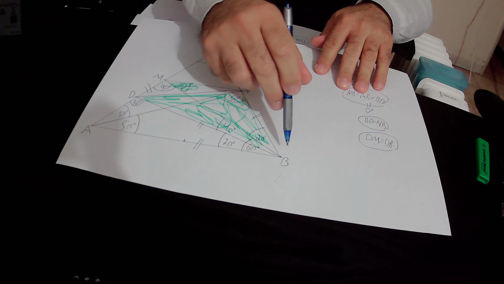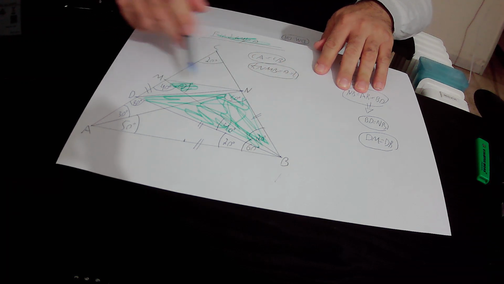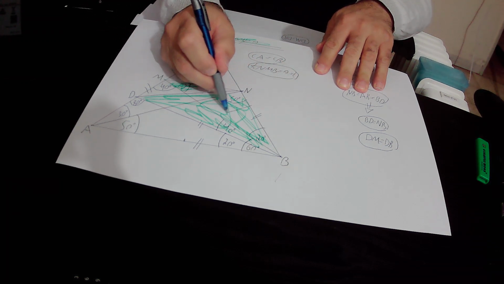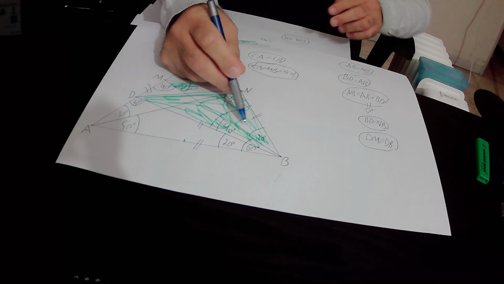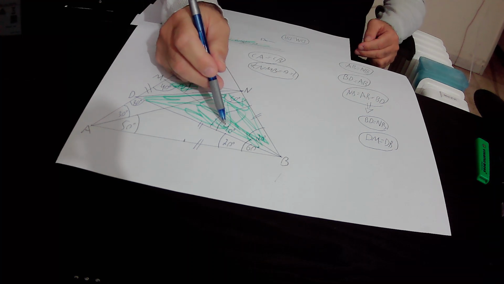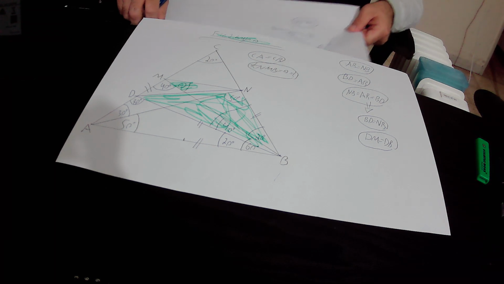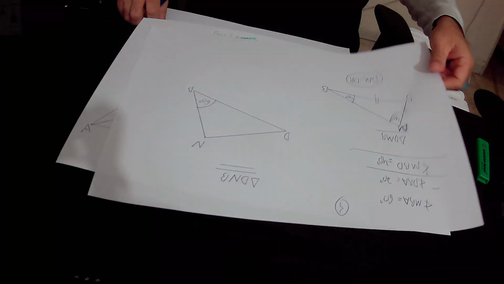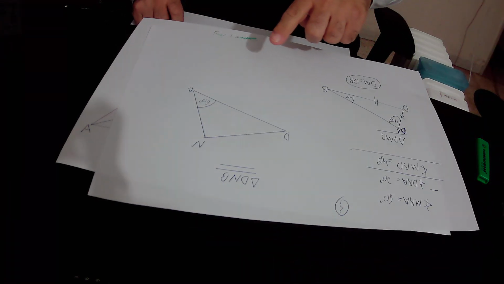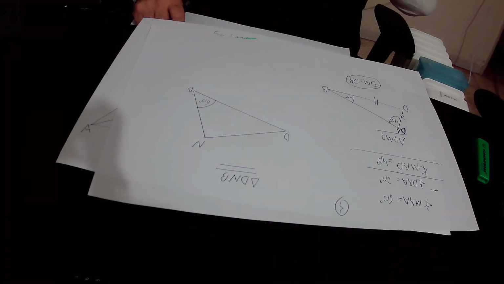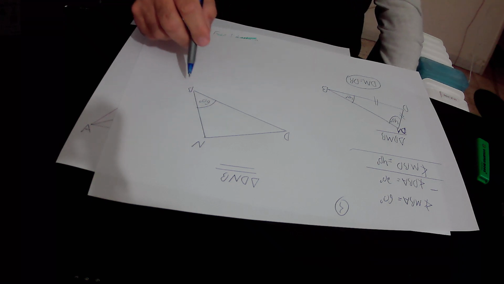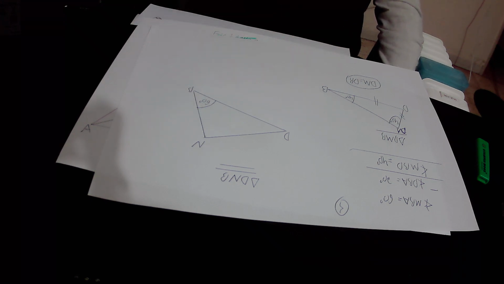Angle NBD equals 20 degrees plus 40 degrees, that is 60 degrees. So this is triangle NBD that I copied from the original drawing. Angle NBD equals 60 degrees in size.